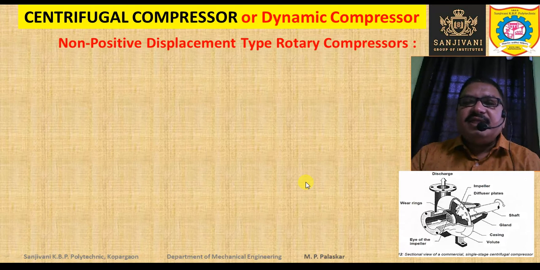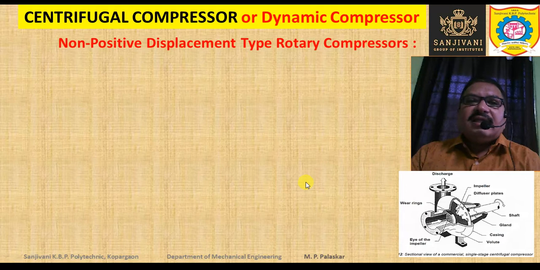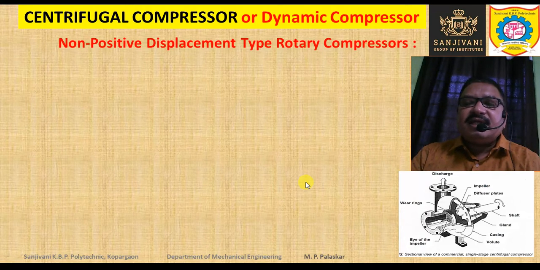So the fluid which is entering inside this compressor, let us say that air is our working fluid. When this air enters this centrifugal compressor, first of all the kinetic energy of the air is increased, and then the kinetic energy of the air is converted into pressure energy.